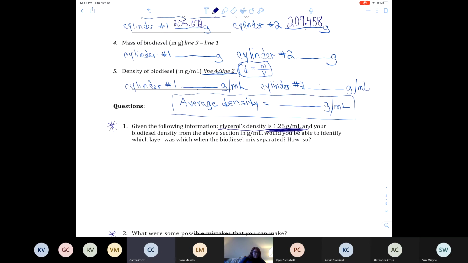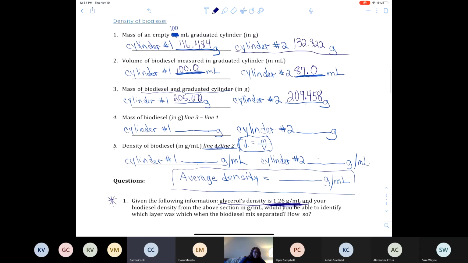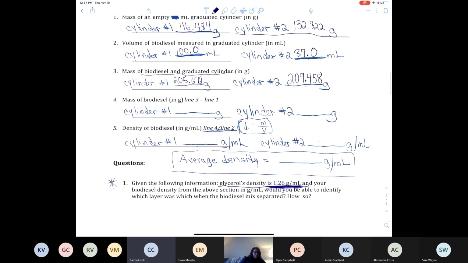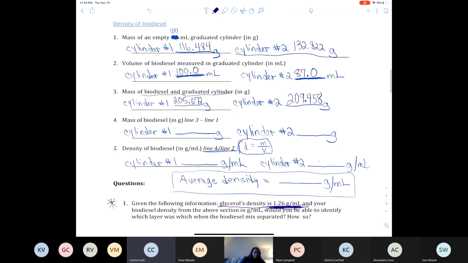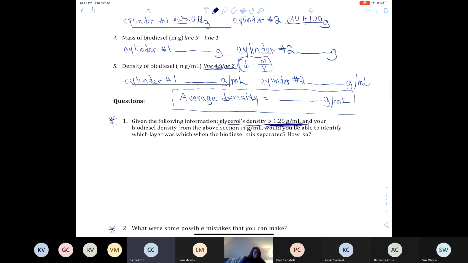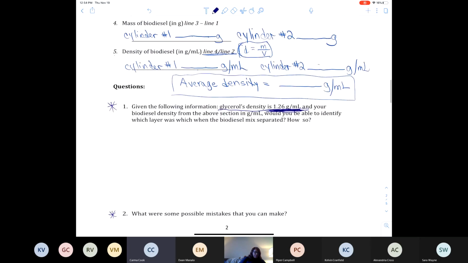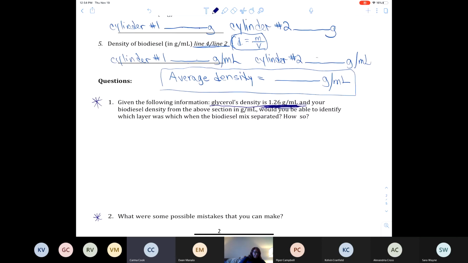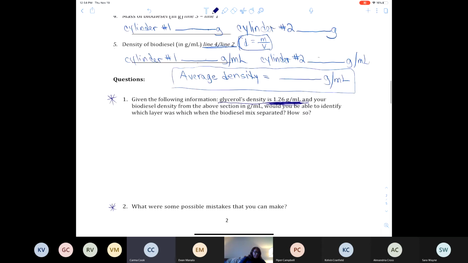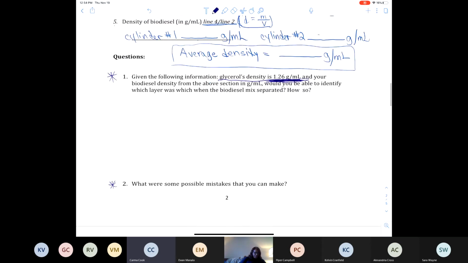The density in both cylinders should be very, very similar to each other. And then getting the average gives us a more accurate determination of the density by getting the average of the two.